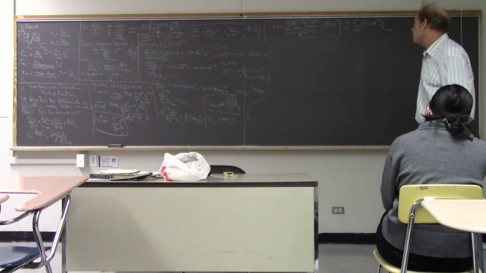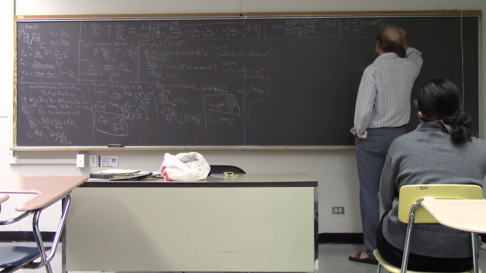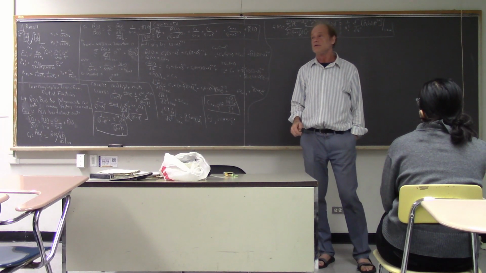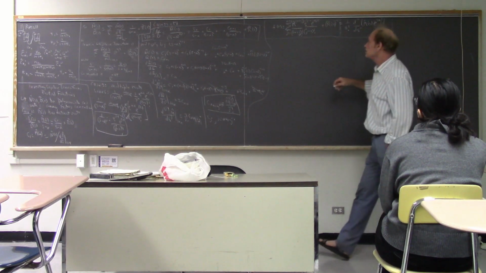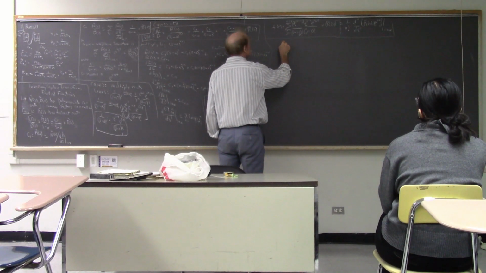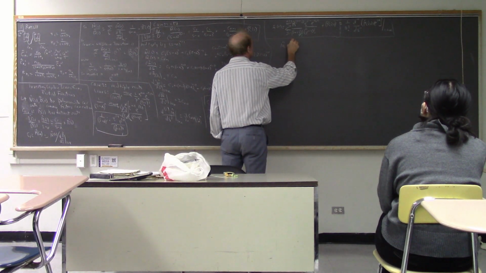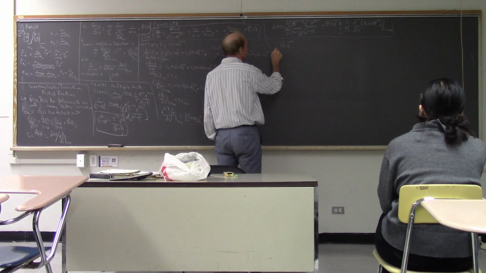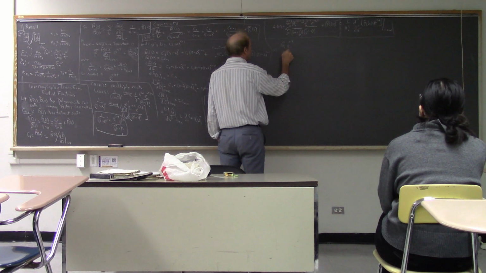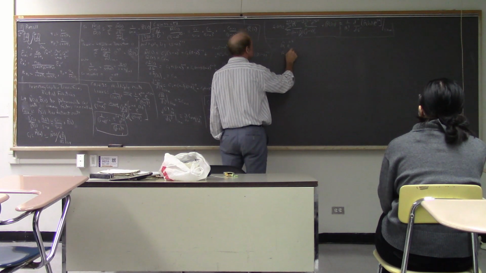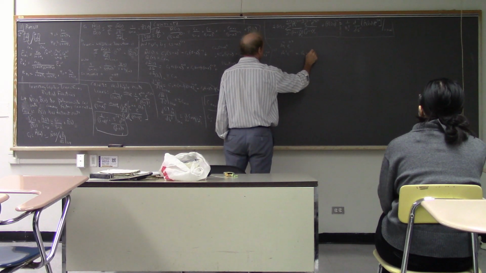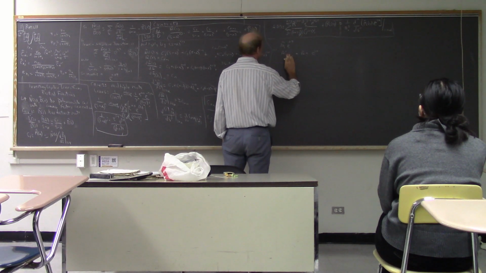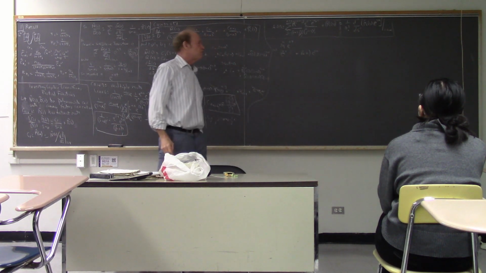Now, where did that come from? I don't want to spend too much time on that, but has anyone ever heard of Pascal's triangle? Okay, if you start taking derivatives, a little aside here. If you have m tilde e to the st, and you take the first derivative, it is going to be m prime times e to the st plus m times t e to the st. So I can factor out the e to the st. That's the first derivative.